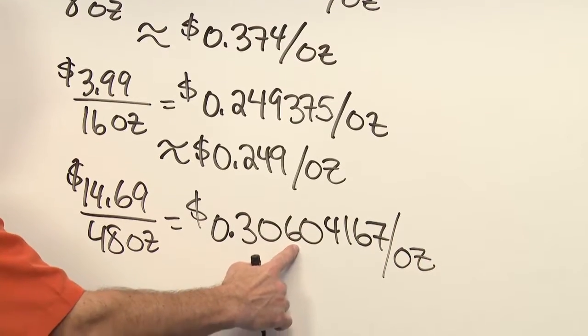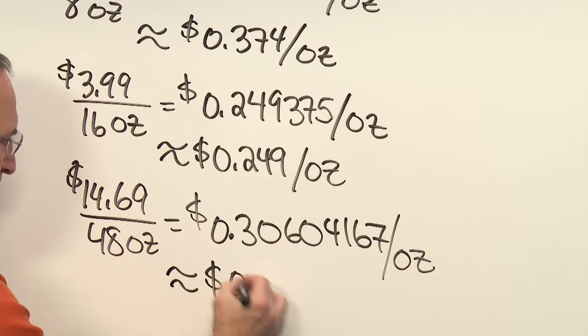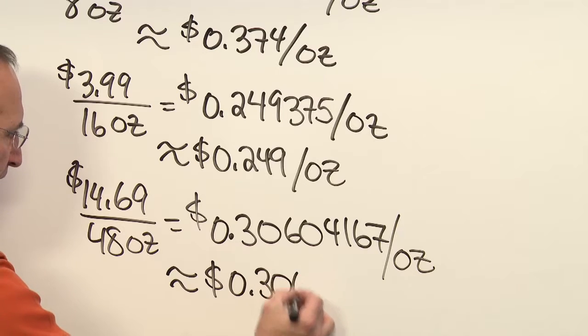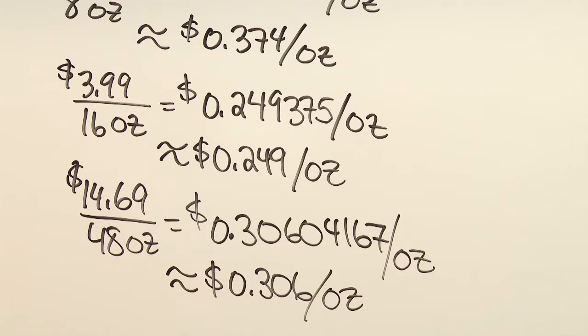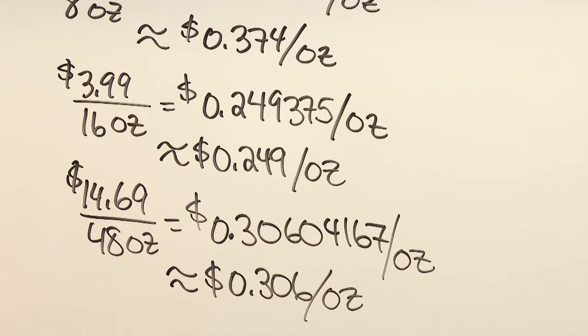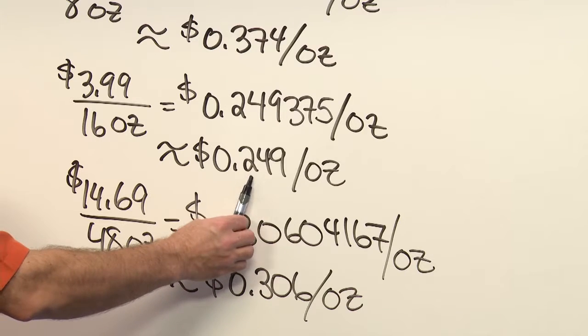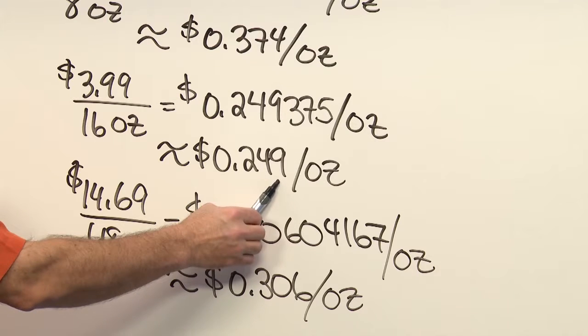Rounding that off to the thousandth, it's approximately equal to 0.306 per ounce, and that's the same as 30.6 cents per ounce.